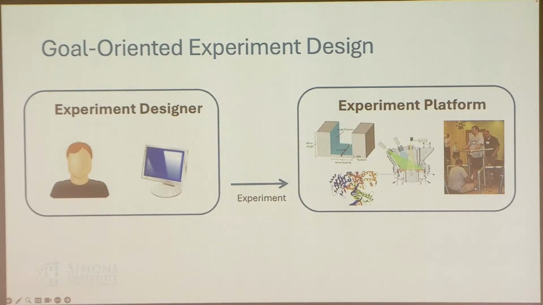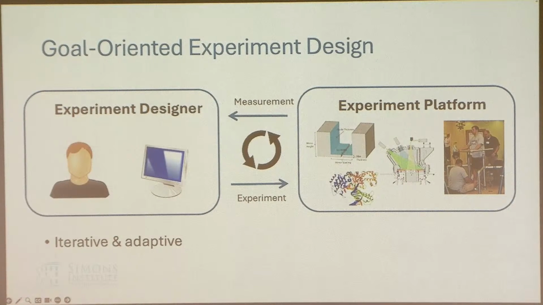After you run the experiment, you receive a measurement. And then the experiment designer takes this measurement, looks at the previous measurements they've made, does some reasoning, and then chooses the next experiment, and this process continues. This process is iterative and adaptive in that the experiment designer chooses the next experiment based on the outcomes of the previous ones.